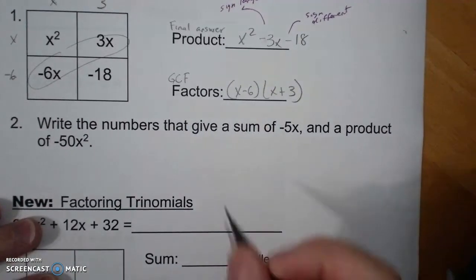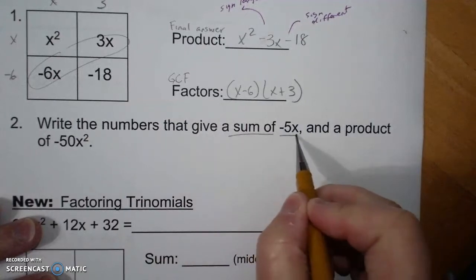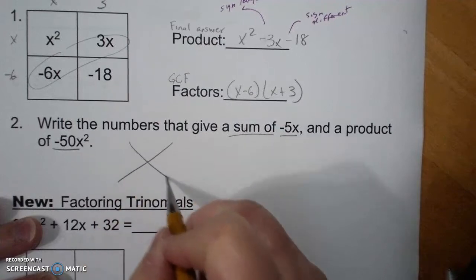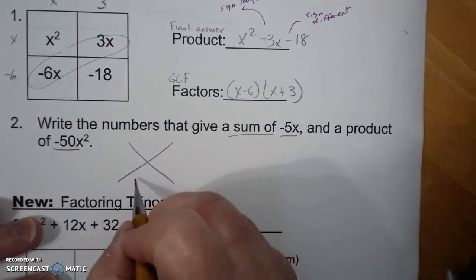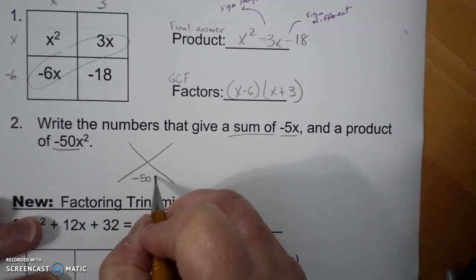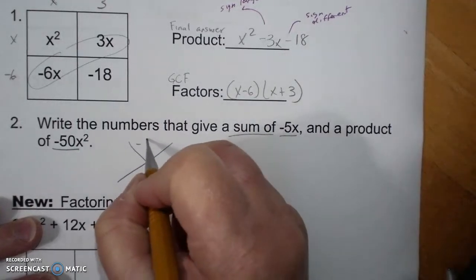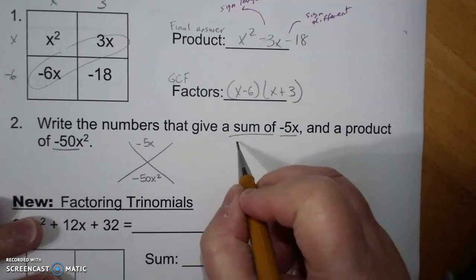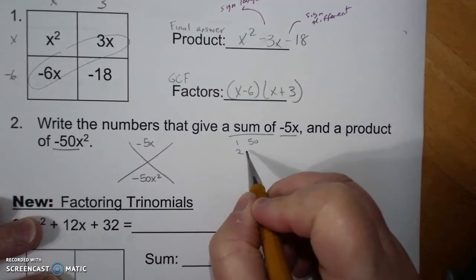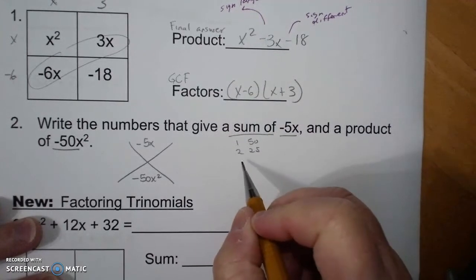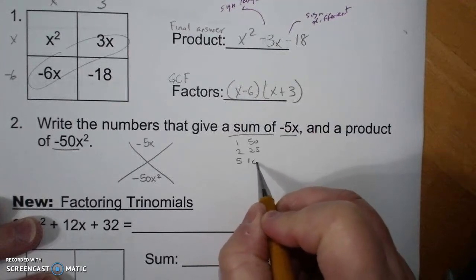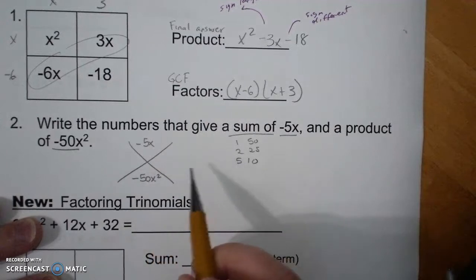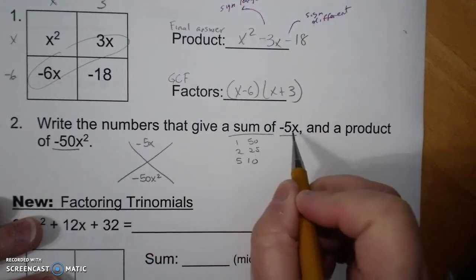Write the numbers that give the sum of negative 5 and the product of negative 50x squared. So when you're asking that, it would be negative 50x squared here and negative 5x. And I need to do the factors of 50: 1 and 50, 2 and 25, 5 and 10. And if I'm doing a negative, the only way to multiply is to get a positive and a negative.